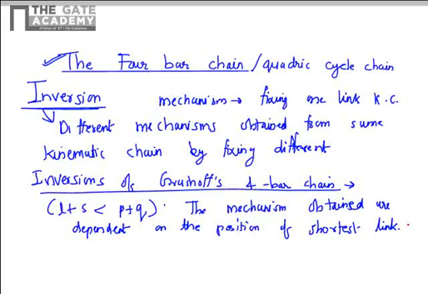So there are basically 3 categories of inversions of Grashoff's 4-bar chain that depend on the position of the shortest link. That we will classify here.